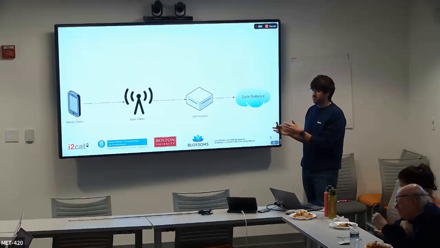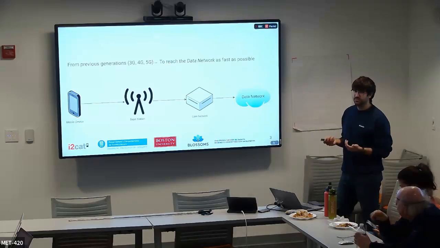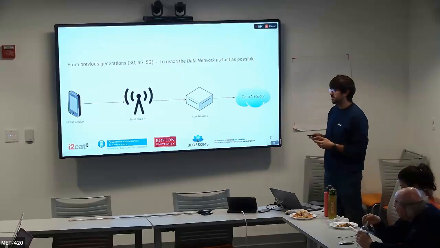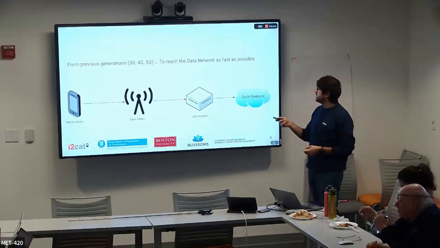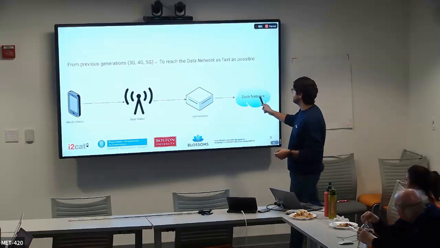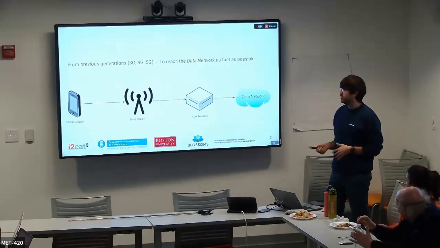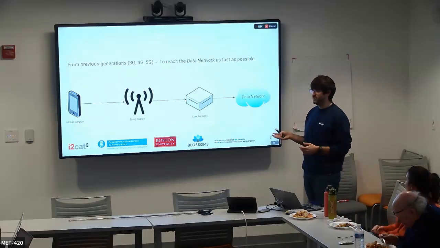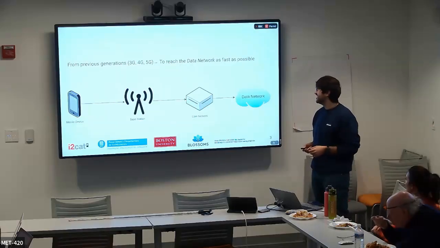This setup is what we had in previous generations, 3G, 4G, 5G. The main goal through all these generations was for a packet leaving the mobile data network to do it as fast as possible. 3G started doing this, 4G already does it really well, and in 5G you don't notice the difference, right?